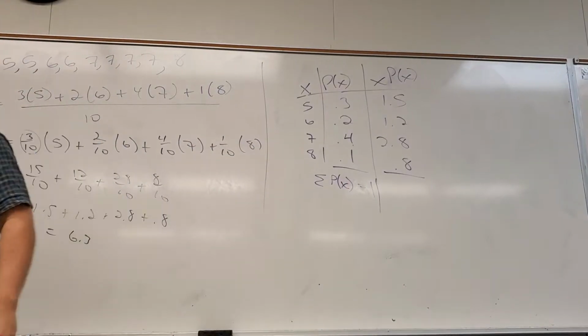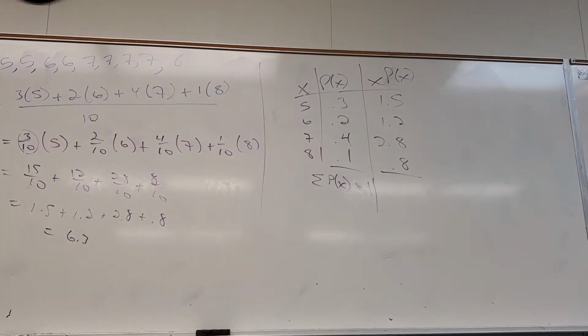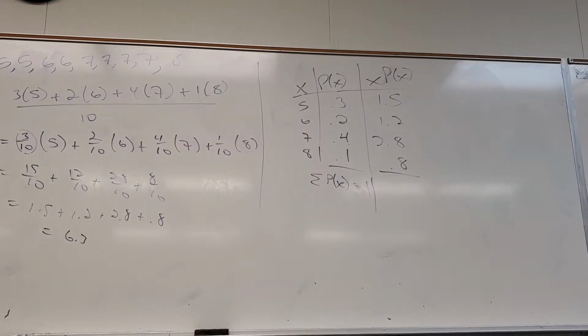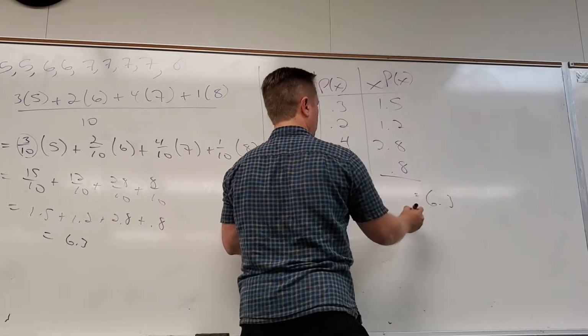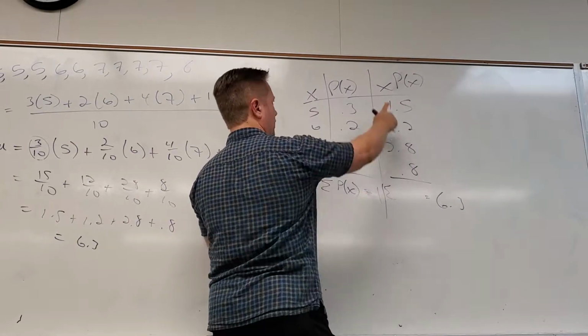So now we know the formula for the mean when they give me an x, p of x table, this probability distribution. How did I get 6.3? What did I add up? The sum of x p of x.